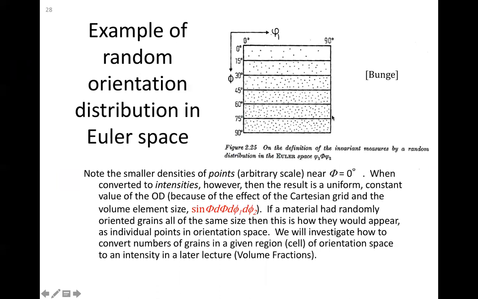So this is the reason why we plot things in terms of multiples of the uniform random distribution. We normalize by this to take this non-uniformity out of the visualization. So when you look at the orientation space, you don't have to use your mind to correct that, oh, these points are much more densely packed than they are down here.